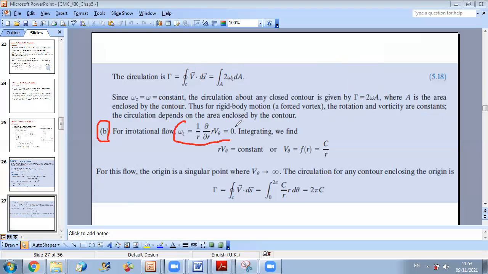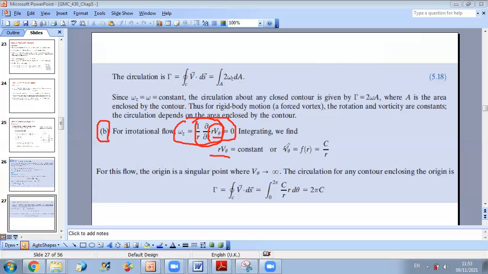And we have demonstrated together that the omega_z expression is 1 over r ∂(r V_theta)/∂r. So this should be equal to 0. So to have this equal to 0, then r V_theta should be a constant. So the condition to have irrotational flow is that r times V_theta equals a constant.